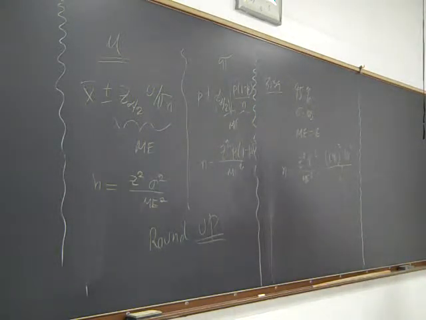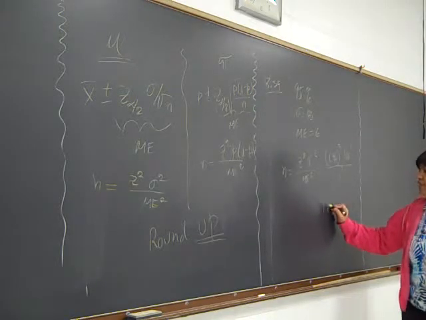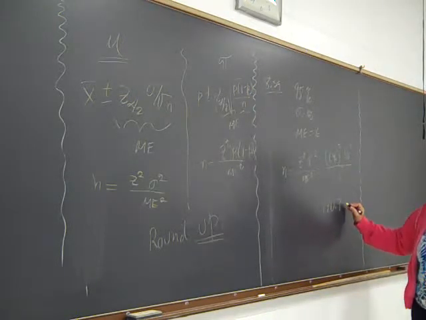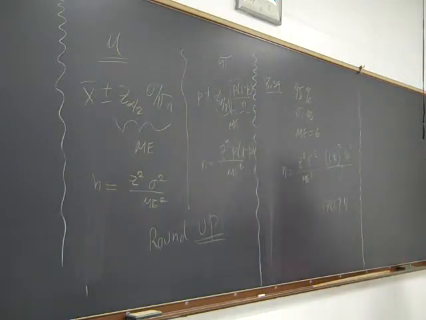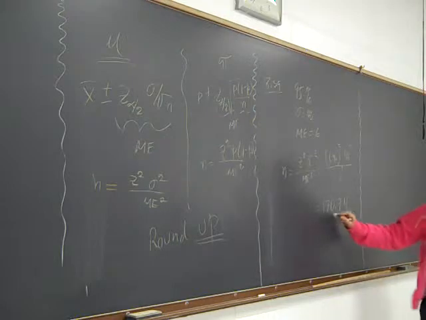So it's 1.96 squared divided by 6 squared, and it gives you 170.74. So if I always round up, the minimum sample size has to be what?